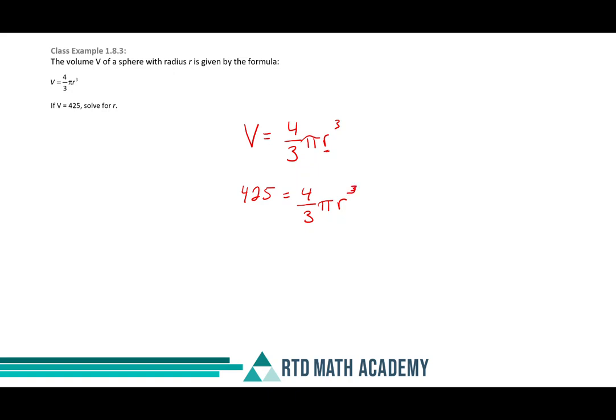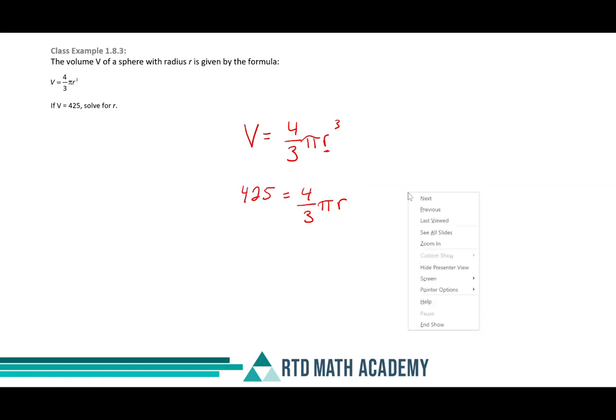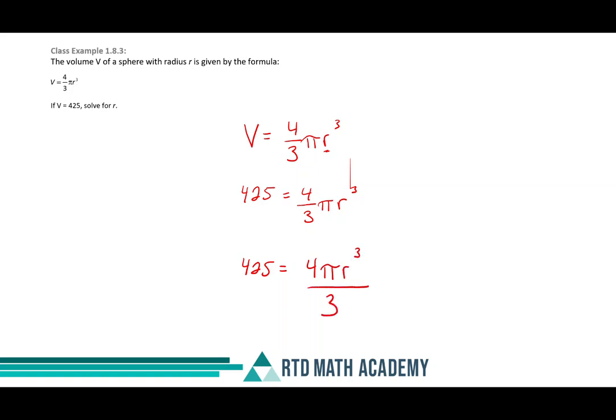Now, if we wanted to look at this a couple of different ways, we could actually rewrite the expression on this side a little bit differently. We could keep the 425 where it is for now, and write this as 4 pi r cubed all divided by 3.